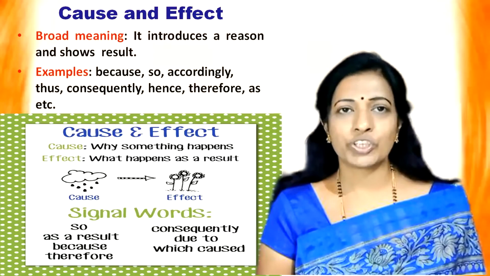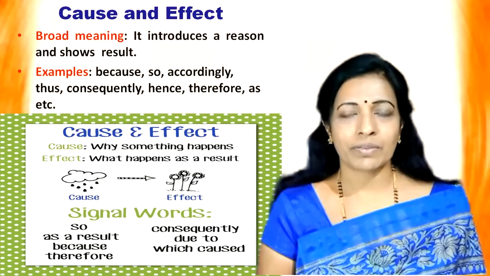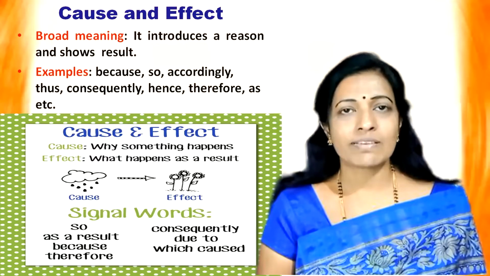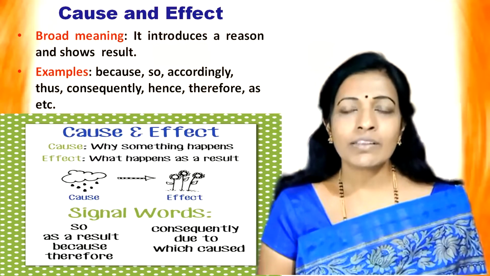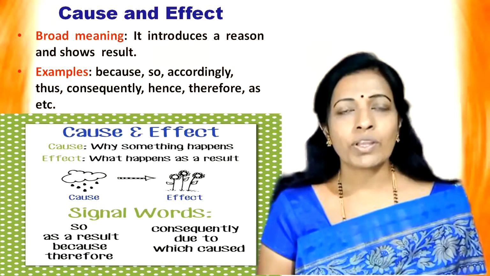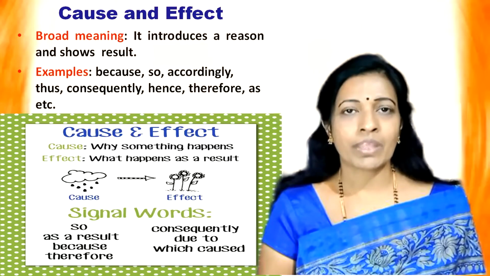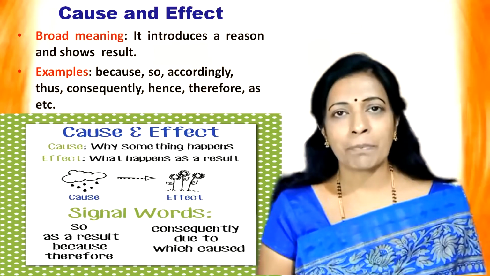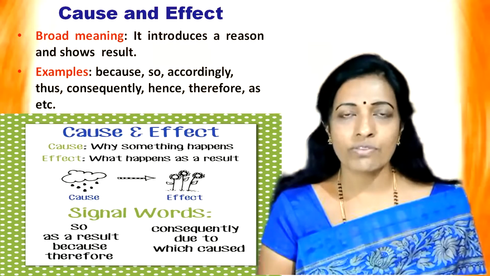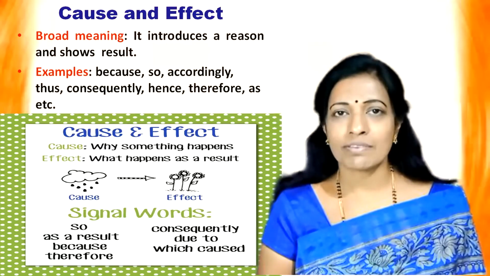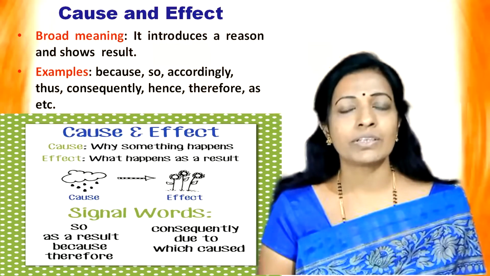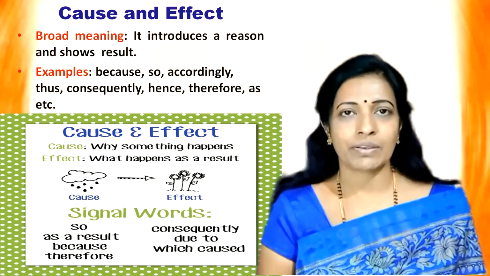Linking words which show cause and effect. Before we try to understand which are these words, let us first try to know what is cause and effect. Why something happens is known as the cause, and what happens as a result of that particular action is known as effect.